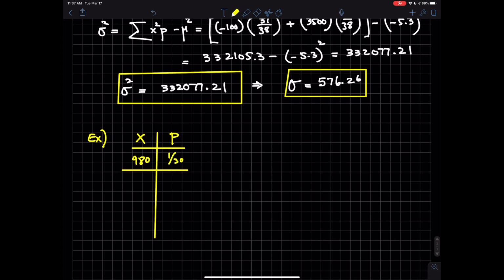So I'll write that. Then you win 500, so I'll write 480, because I take out the $20 investment I made to buy the ticket. And the probability of winning 500 or 480 is 1 out of 1,000. All right. Next, it says you would win $300, so you would win 280 actually.